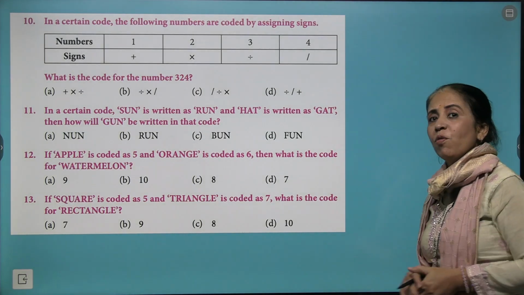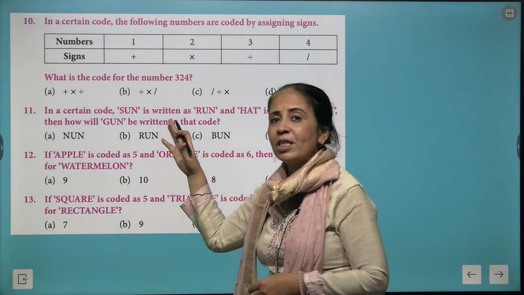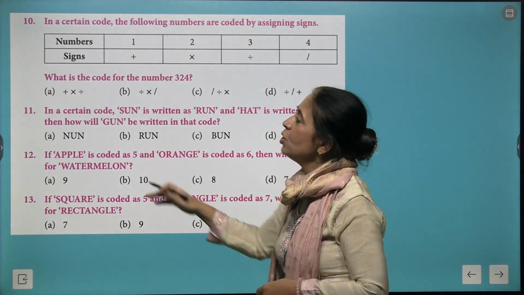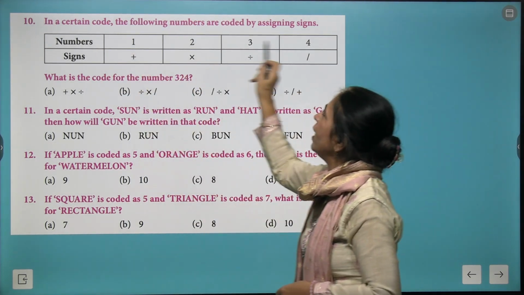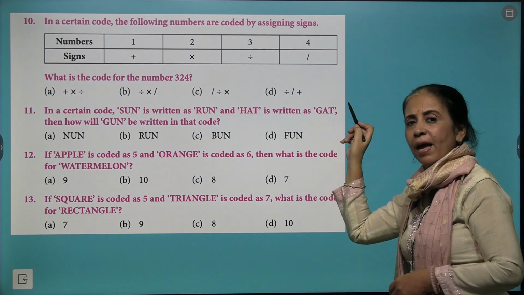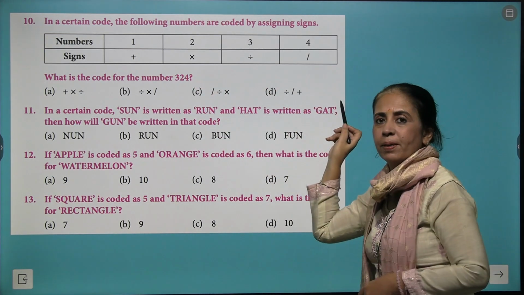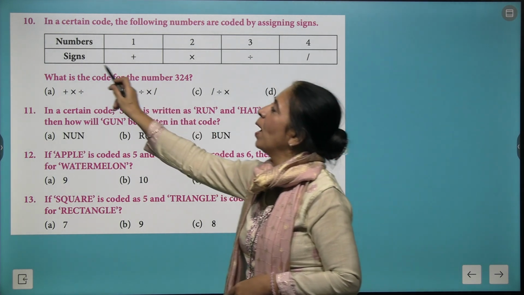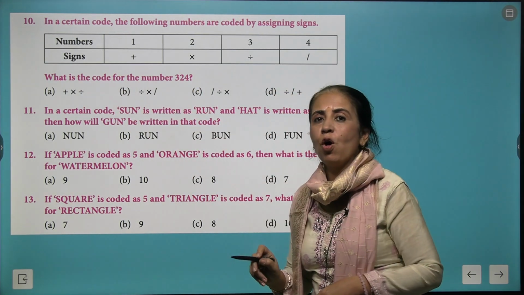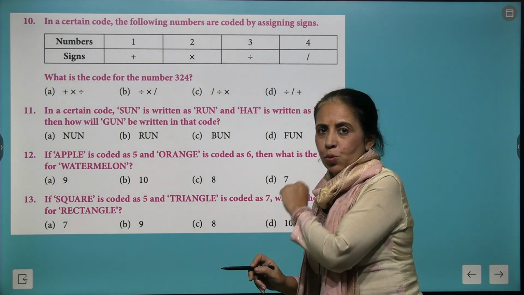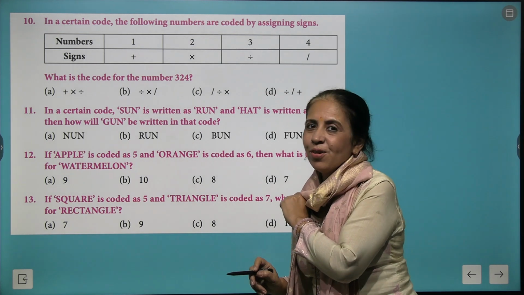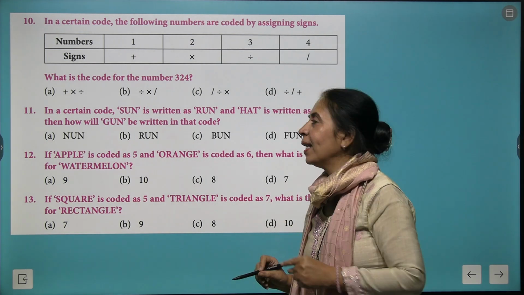Moreover, we have another pattern of question here in which you could see that we have 4 numbers and every number is represented by different symbols, and then you have to find the code for number 324. So very interesting thing, do it quickly.